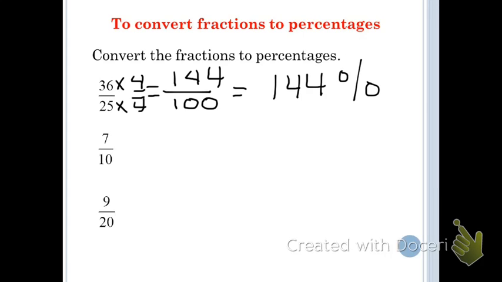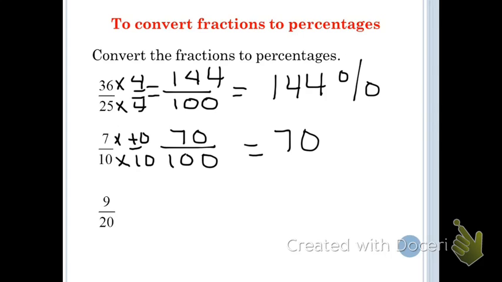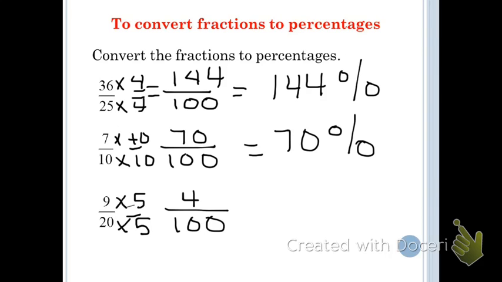In our second example, 7/10, in order to have a denominator of 100, we can multiply the denominator by 10. 10 times 10 is 100. 7 times 10 is 70. So 7/10 is equal to 70%. 9/20ths. If we multiply 20 by 5, that equals 100, and 9 times 5 is 45. So 9/20ths equals 45%.